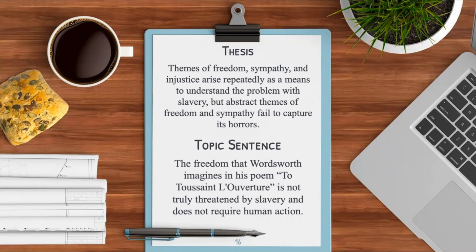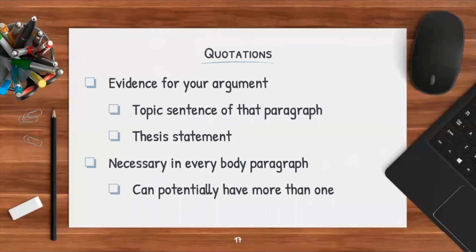So we can see that this paragraph is going to argue that this poem is an example of how the abstract theme of freedom doesn't really grapple with the horrors of slavery. We already know their argument and have that in mind when we see their textual evidence.